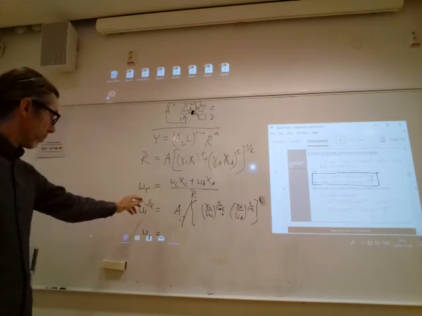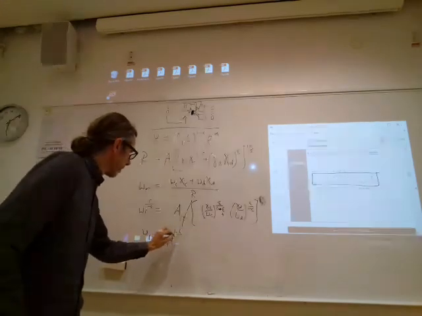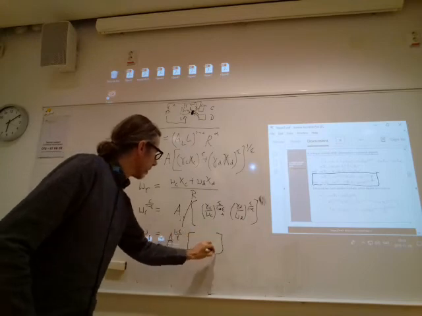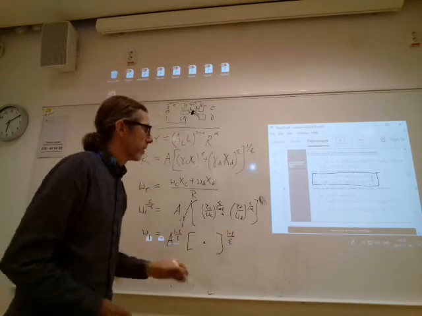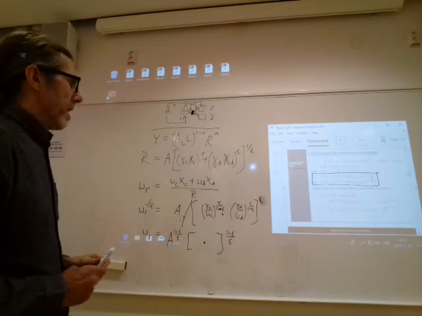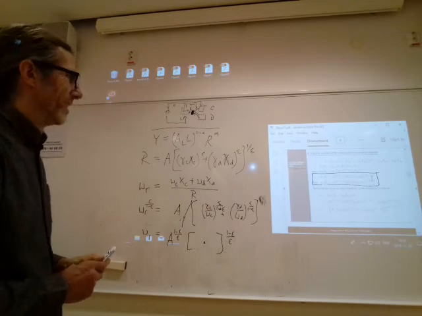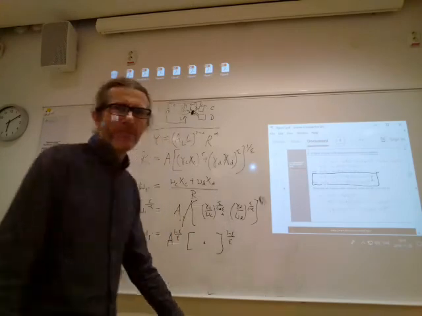Now raised to the (1 minus epsilon) over epsilon, you have A to the (1 minus epsilon) over epsilon times that square bracket to the (1 minus epsilon) over epsilon. And I'm pretty sure that's right, and it's wrong in the slide.